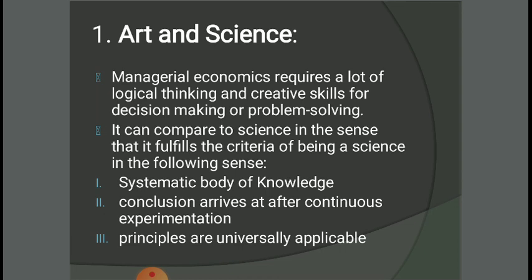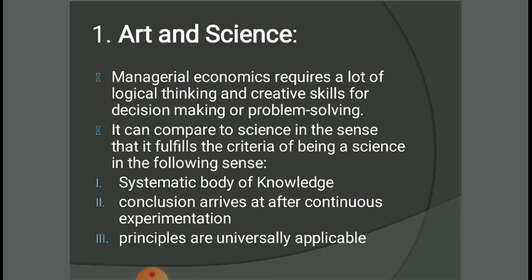The third criterion for science is that principles are universally applicable. In managerial economics also, whatever policies are there are applicable universally. If not fully, then partially they can be applicable. It is not that the policies are not applicable, but they require modification from time to time.